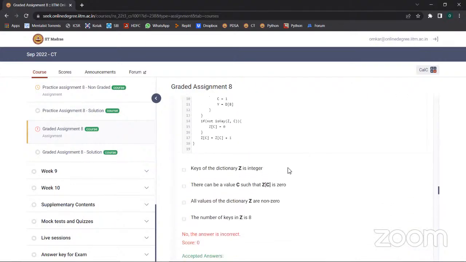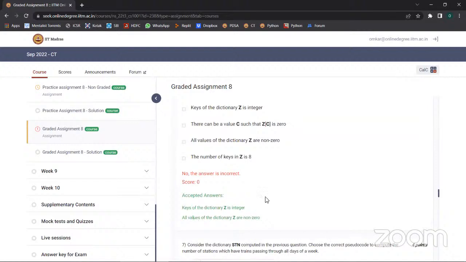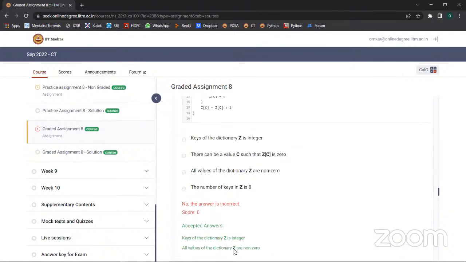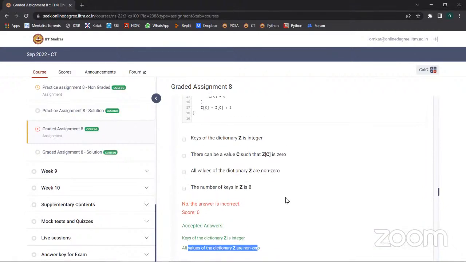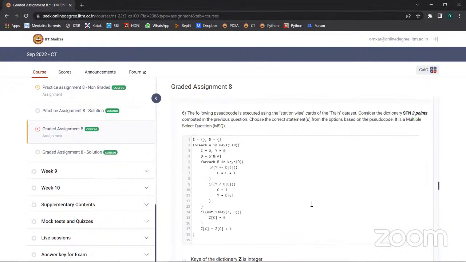Yeah, question 6. I selected that the key of the dictionary is an integer, but I altogether missed the point that all the values of the dictionary are non-zero. This type of error occurs sometimes, especially in multiple select questions.